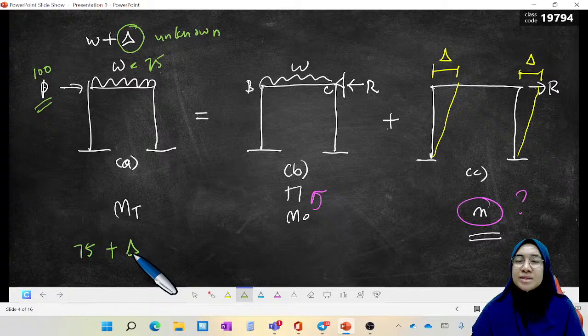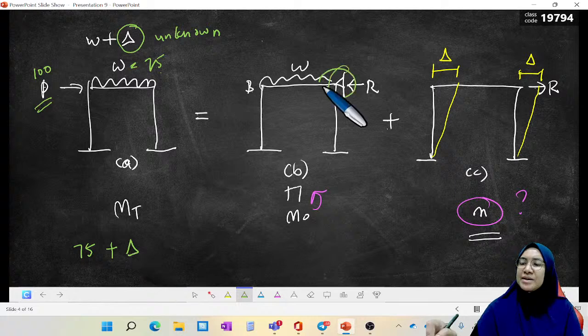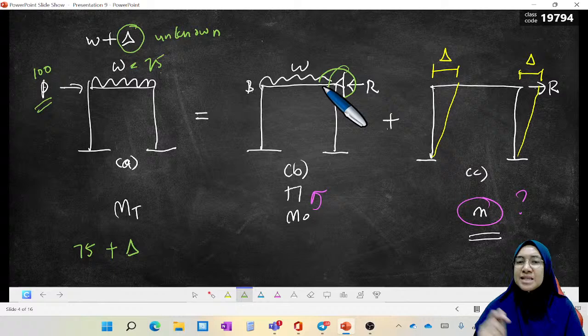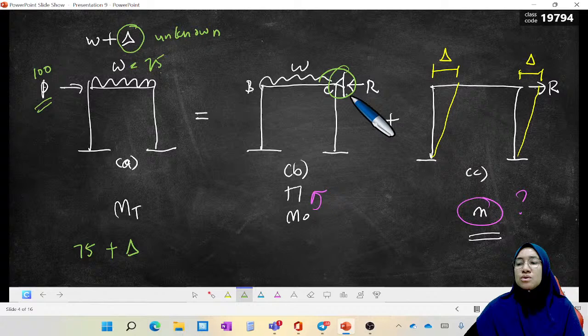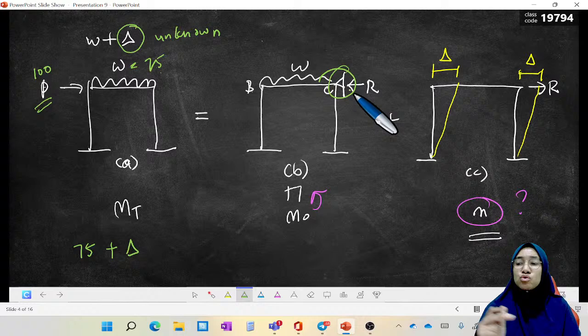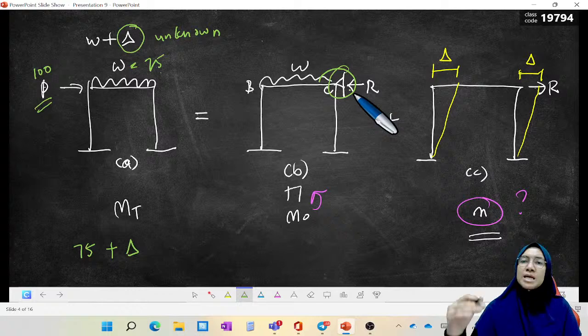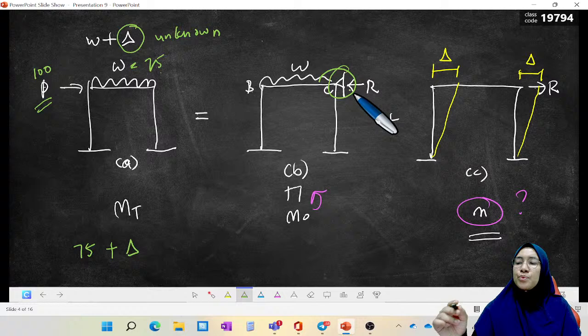To make it properly restrained, we put an imaginary or artificial support at C. We know the frame tends to move to the right, so we put the support at C. With this pin support, there will be a restraining force, the reaction at the support. What we want is the horizontal reaction. This pin brings the restraining force R, and with this R, the frame is now properly restrained.